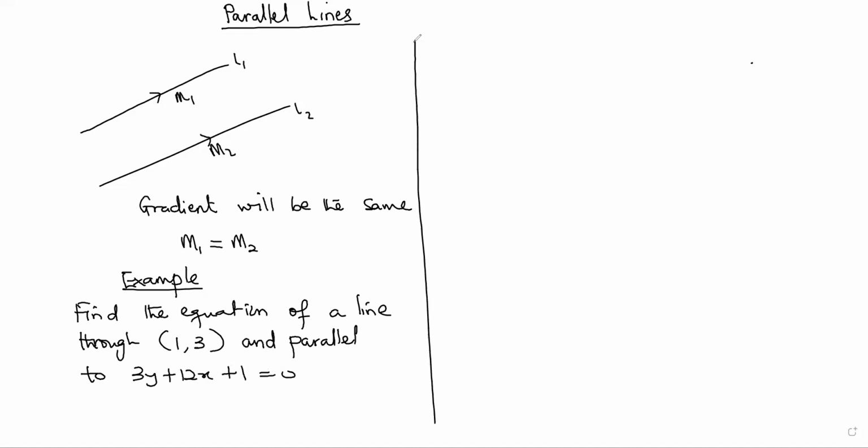So in a situation like this, what we need to do is to find the gradient from this equation, 3y plus 12x plus 1 equal to 0. To find the gradient from this, we need to make y the subject.